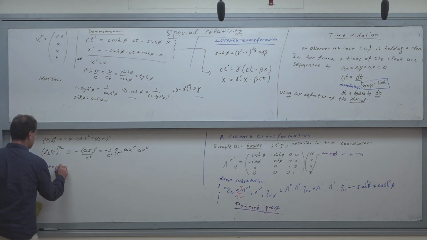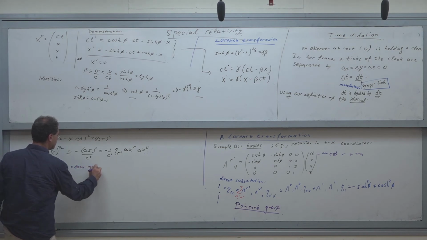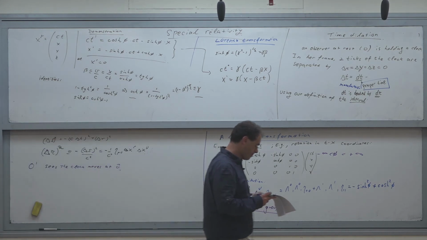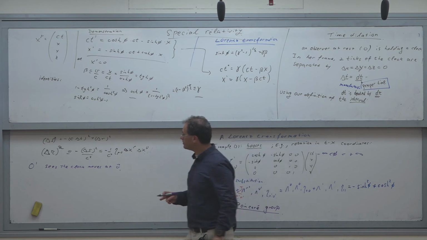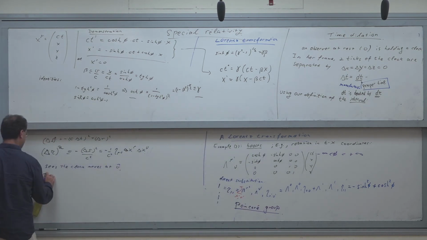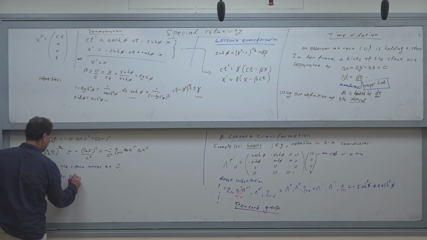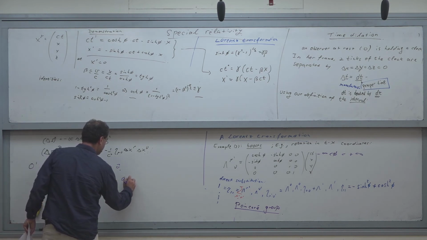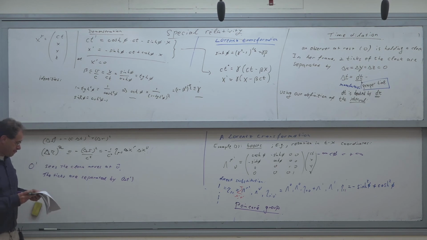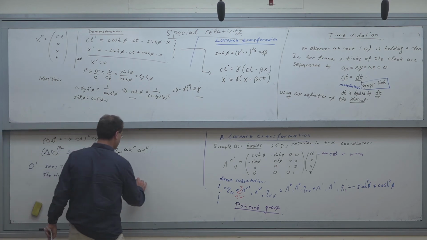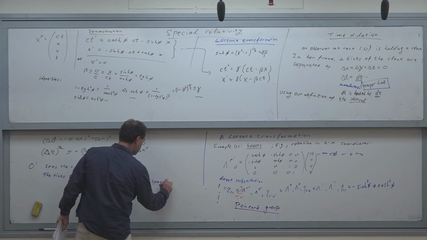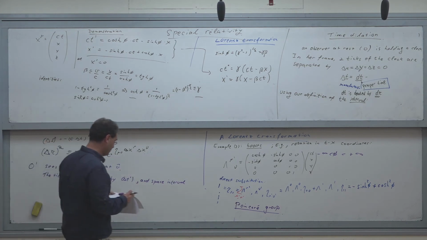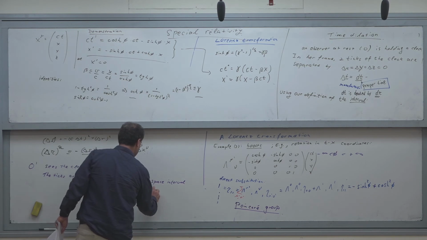O prime sees the clock move at v. So the peaks are separated by a time interval delta t prime, but also a space interval, delta x prime, which is just v delta t prime.